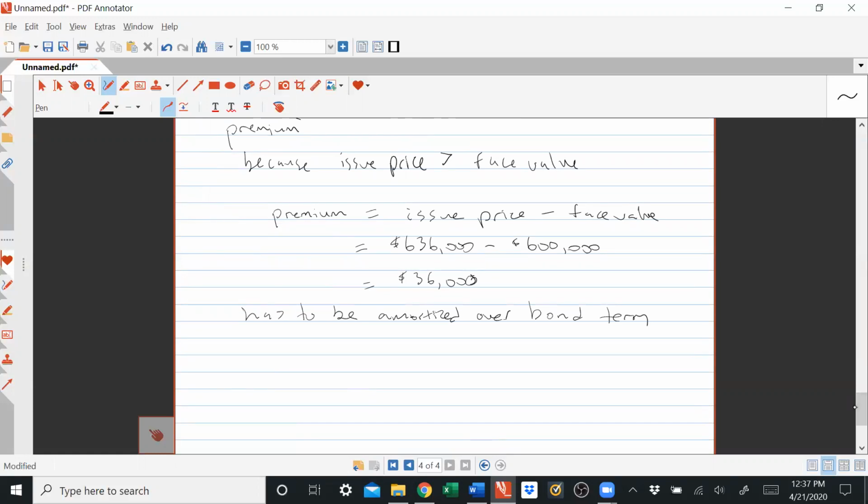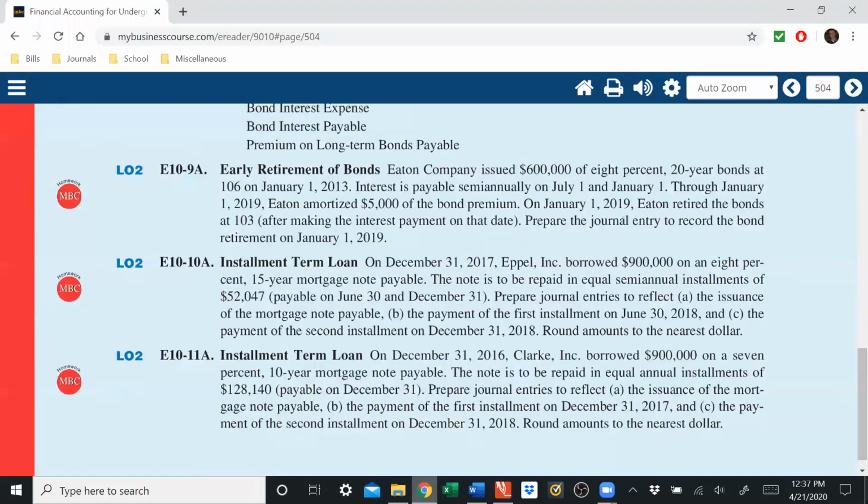You can use the straight line method. You're responsible for knowing how to do that method on the exam. Or you can use the effective interest method. You're not responsible for that on the exam. That is Appendix 10A. You are responsible for part of Appendix 10A, the straight line method, but not the effective interest method. In this problem, it doesn't say what method they use.